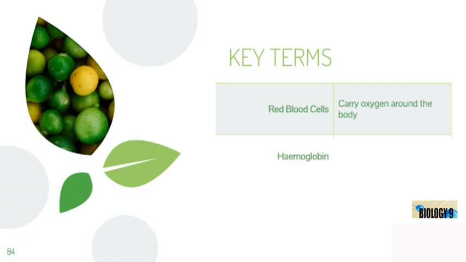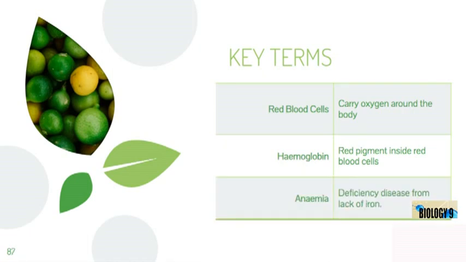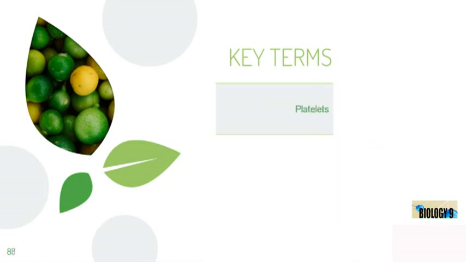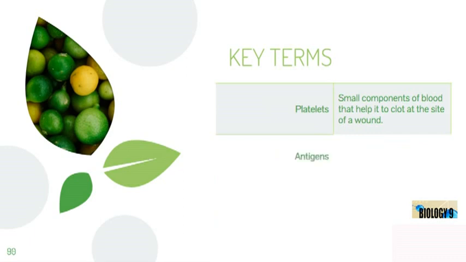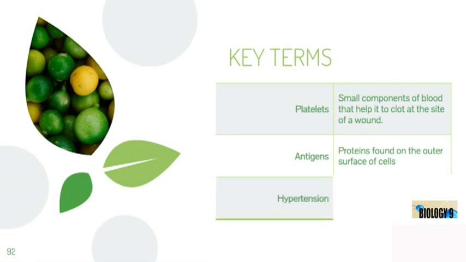Hemoglobin is the red pigment inside of the red blood cells. Anemia, we've talked about it a lot. This is a deficiency disease from the lack of iron. Platelets are the components of the blood that help clot the site of a wound. Antigens are proteins found on the outer surface of cells. And hypertension, finally, is just a different name for high blood pressure.